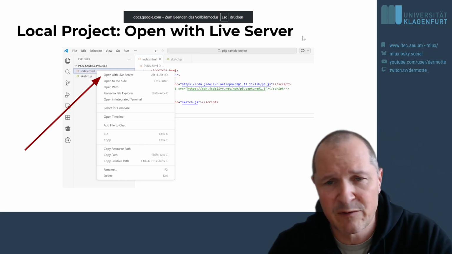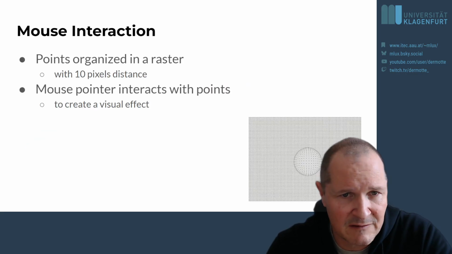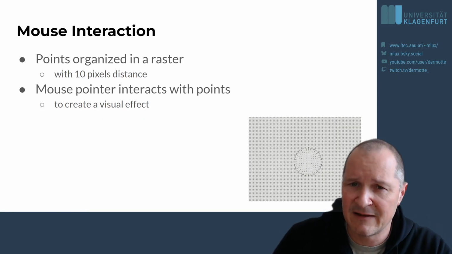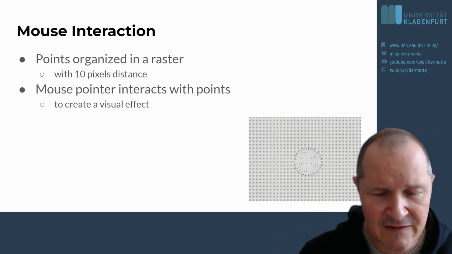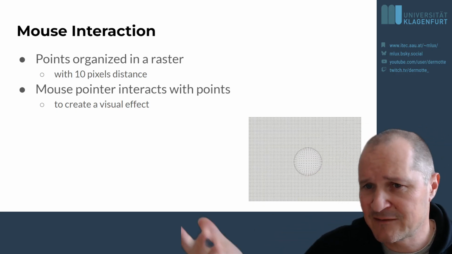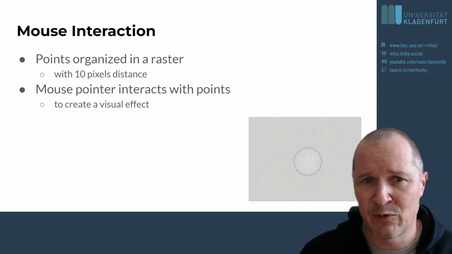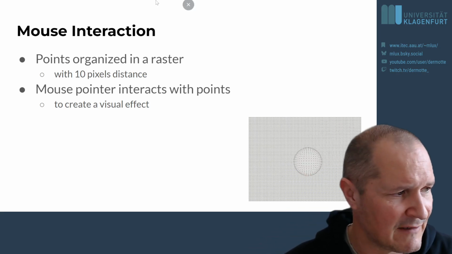Yeah, that's the open with Live Server. As soon as you have the Live Server plugin installed, then it just works. And what I want to do is create a raster of points where every 10 pixels there is a point, and then have the mouse pointer interact with the points to create a visual effect. Like in this case, kind of a lens effect.